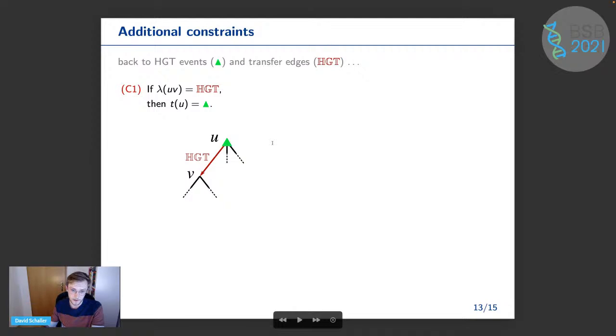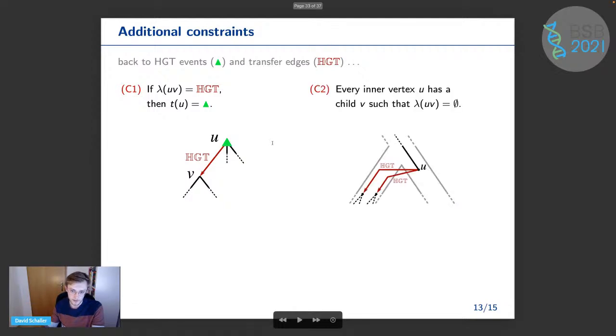And then a second constraint that is commonly made in the field is motivated by reconciliations, so an embedding of the gene tree into the species tree, and for these you would usually want to find one that requires a minimal number of events that are necessary to explain the reconciliation.